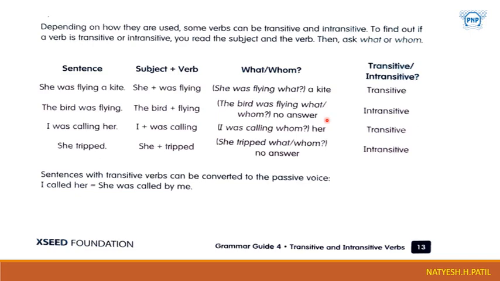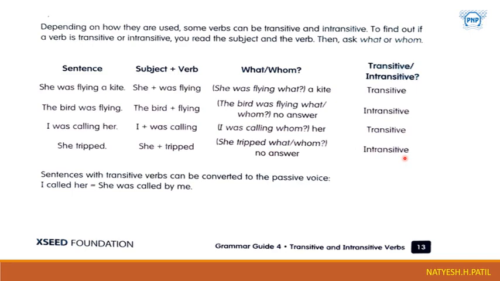Okay, let's check the last sentence. She tripped. She tripped what? She tripped whom? Are we getting any answer? Is there any answer for the same? No, there is no answer. Hence, it is intransitive. So guys, you need to remember one thing.